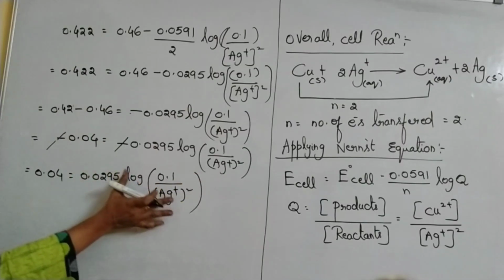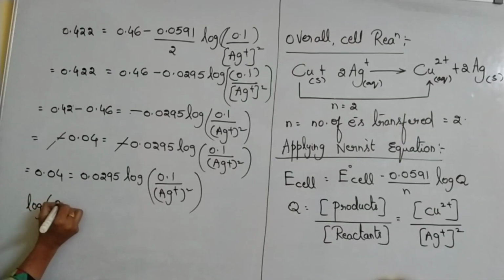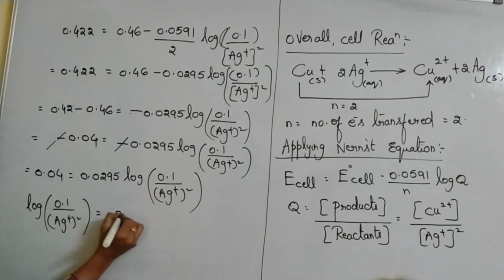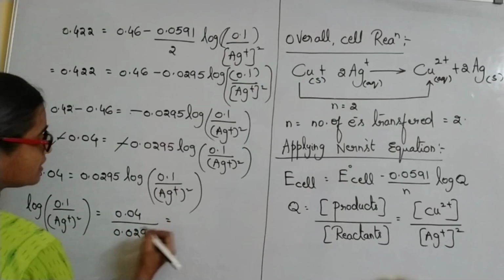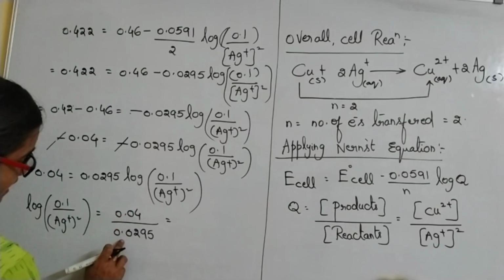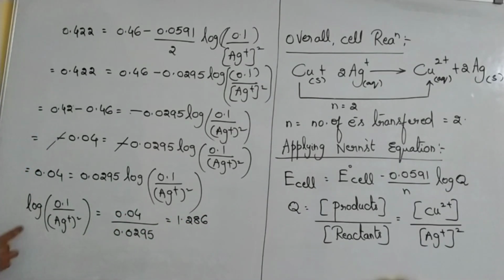Now log of 0.1 by [Ag+] whole square is equal to 0.04 by 0.0295. If you calculate this, I think it is 1.286. So log of 0.1 by [Ag+] whole square is 1.286.